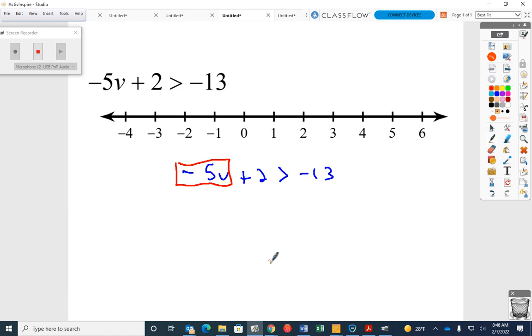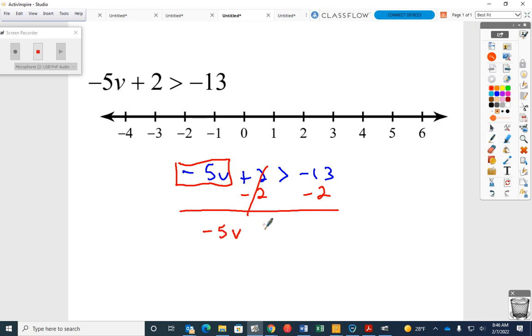Plus 2. And I need to not have plus 2. So how can I not have plus 2? Subtract 2. I take 2 away, and if I do it here, what do I have to do, Peter? You need to do it on the other side too. I have to do it over here, right? What happens to these, Zoe? They cancel each other out. That's what I want, right? What's left over here?